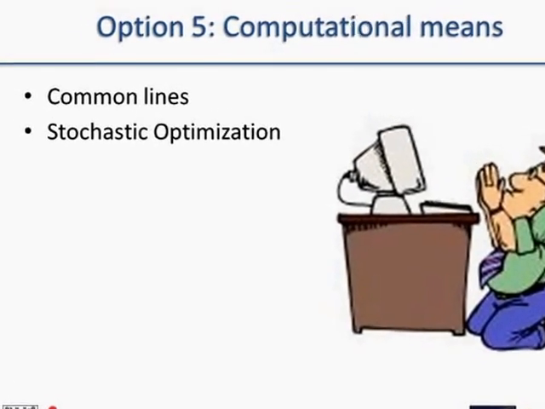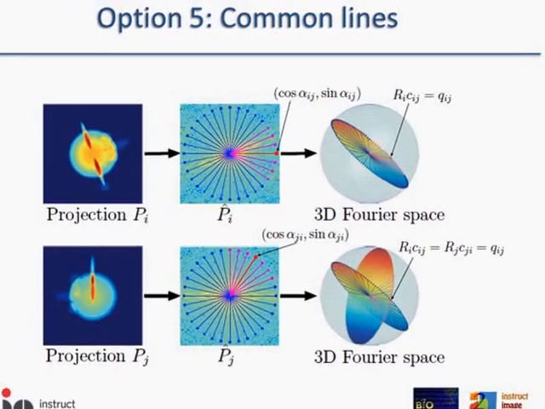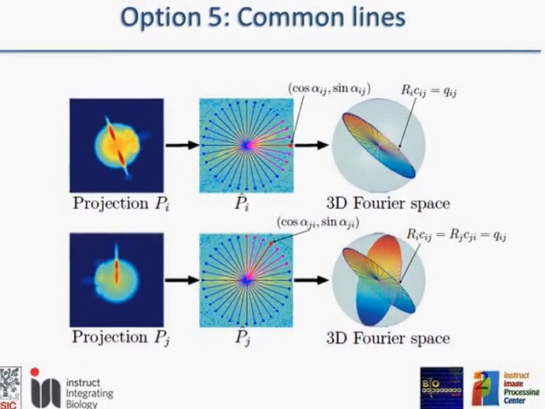So the common lines, what it says is, okay, if I take one projection, I do the 2D Fourier transform, I take another projection, I do the 2D Fourier transform. Since these two 2D Fourier transforms are planes in the 3D Fourier space, let's say this is this plane, let's say this is this plane, they have to intersect into a line.